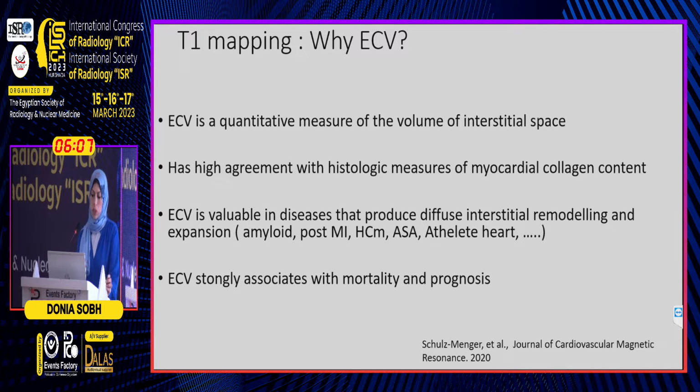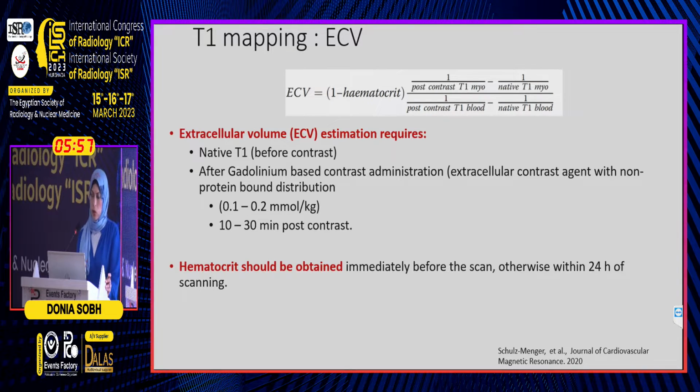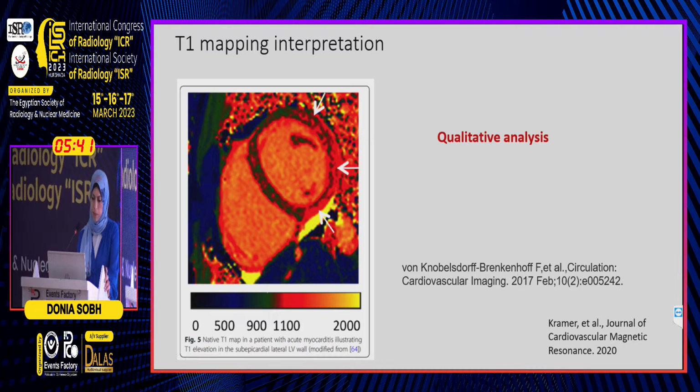ECV is important in diseases like amyloid or infiltrative diseases, or any disease that causes increase and expansion of the interstitium. To get the ECV, we use this equation. As you see here, we need the hematocrit value, the native T1 value, and the post-contrast value. We put them in this equation to get the ECV.